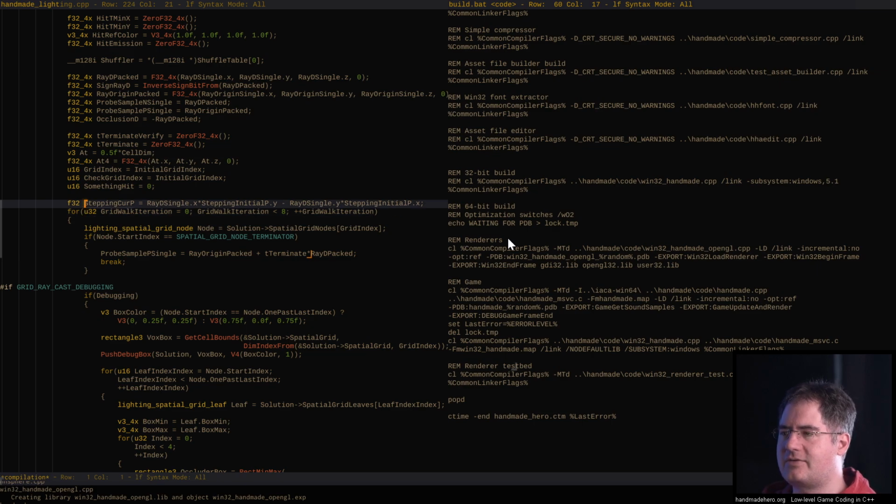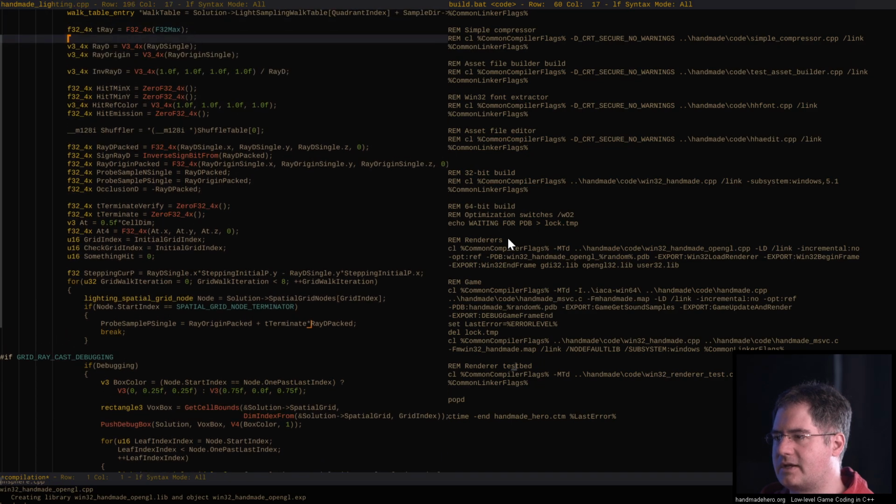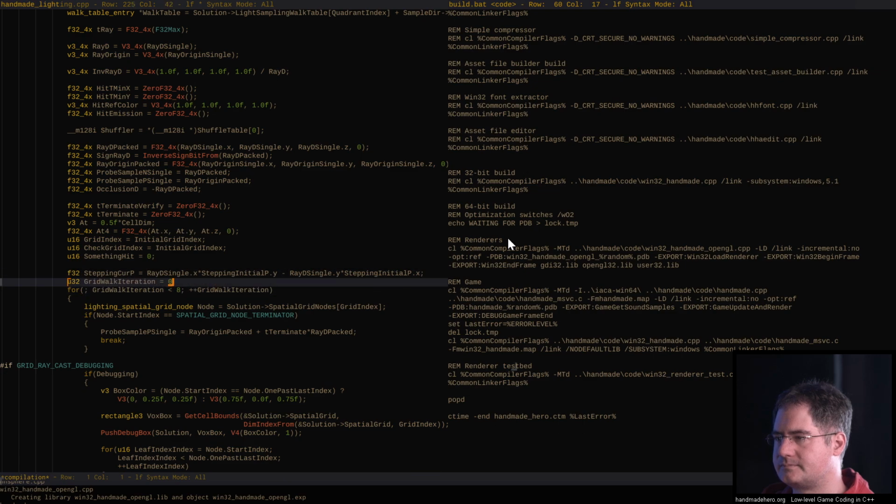I don't have a good idea here, right? But if you end up on a terminator node. So, you know, something like this, I suppose.